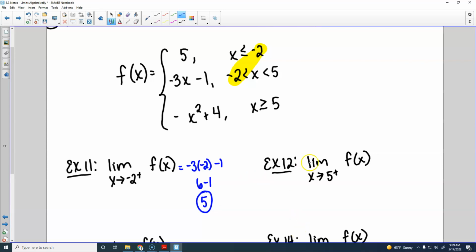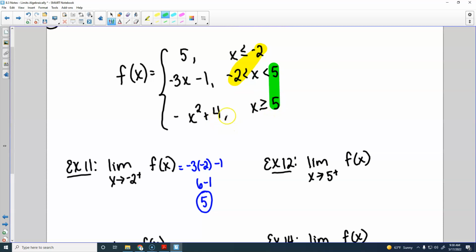The next one asks us for the limit as x approaches 5 from the right. So 5, again, in a similar manner, is the place where the middle and the bottom functions are going to meet. So from the right side is going to be where x is greater than or equal to 5.